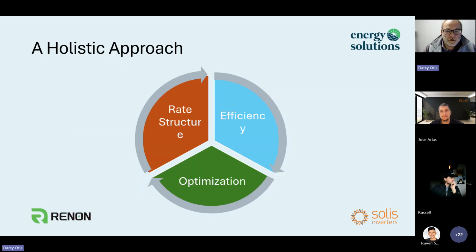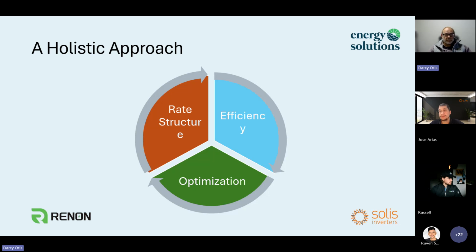So what do you do about it? Well, there's a number of things you can do. Starting on the right side, you can look at the efficiency side of that. So you can look at, how do I become more efficient? What's using energy? And we'll talk more in detail about that. You can optimize the use of energy, so maybe you're using less, but you're using more optimally.